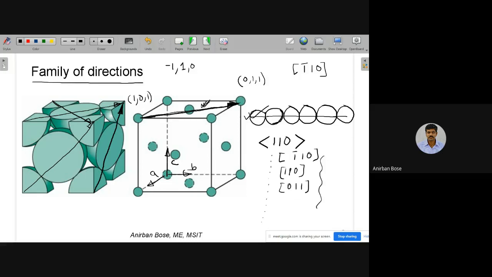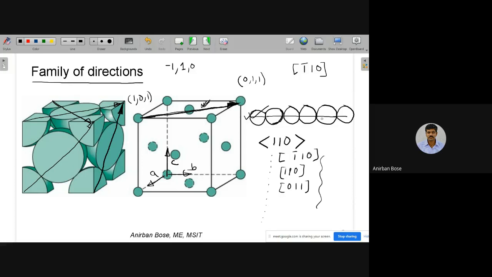And see, this family of directions, they are not necessarily parallel. That is clear here. They are not necessarily parallel. Okay, so they are all the members having the same physical situation with respect to the particular unit cell or with respect to the atoms.